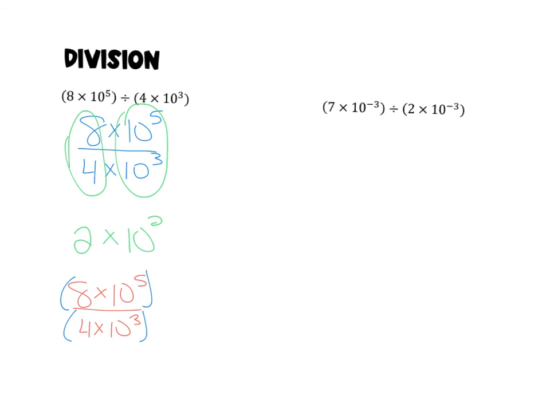Make sure you put these parentheses in, because if you don't, your calculator is going to multiply and divide left to right, and this division right here is going to mess you up. Also make sure you are in scientific notation mode. So you can try this one in your calculator, see how you do.